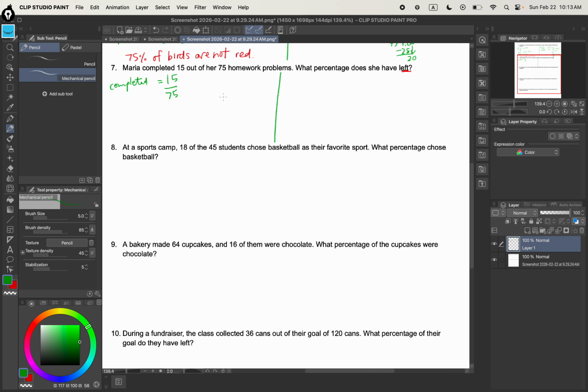Okay, so I can find the percentage of that. I'm going to divide both by 5, and then I can divide both by 3. Okay, and then I can either say I know 1/5 is 20%, or I can do 1 divided by 5.